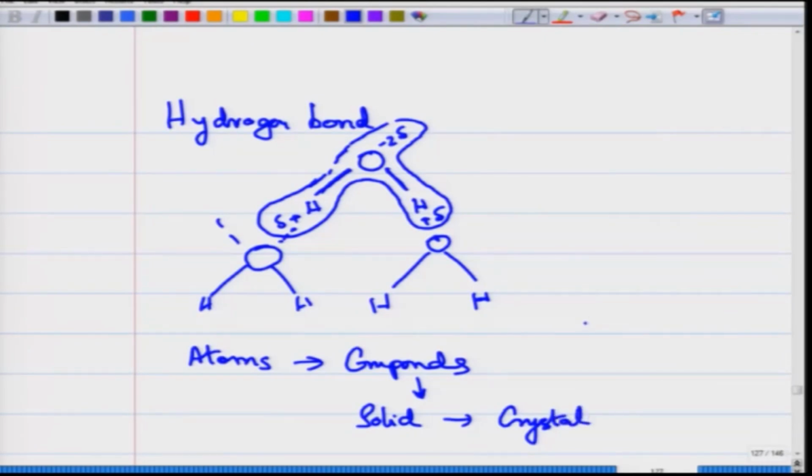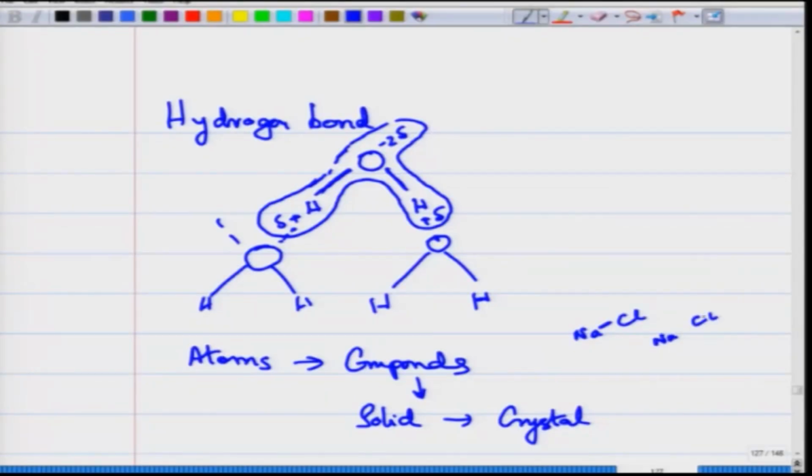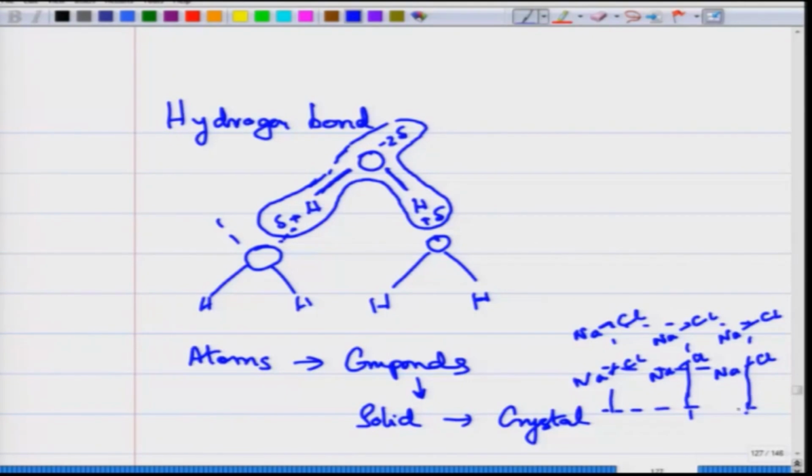So, for example, you can have the sodium chloride compound, which is periodically arranged, and you can form a crystal of sodium chloride. If this sodium chloride is periodically arranged in space, you form a crystal of sodium chloride, and we will look at these crystals of sodium chloride and so on.